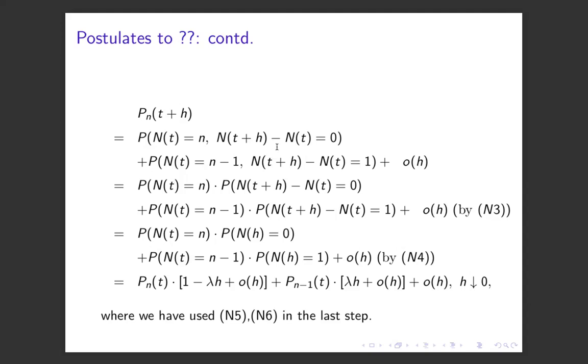These concern events in the interval 0 to t and t to t plus h, so they are disjoint intervals. The probability of this intersection is the product of these two probabilities: probability N(t) equal to n multiplied with probability N(t plus h) minus N(t) equal to 0. And similarly here.